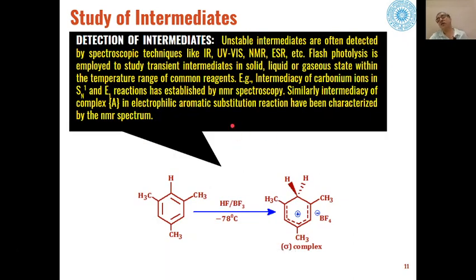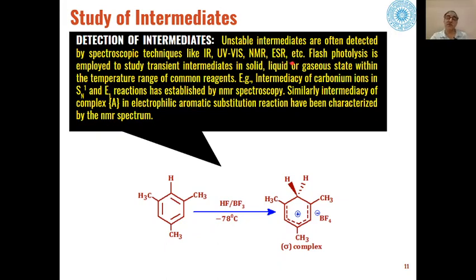Then in addition to isolation, these intermediates can be detected through various spectroscopic techniques like IR spectroscopy, UV spectroscopy, NMR spectroscopy, or ESR spectroscopy if the intermediates are paramagnetic in nature.